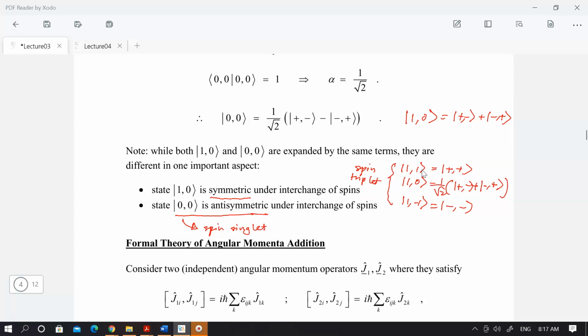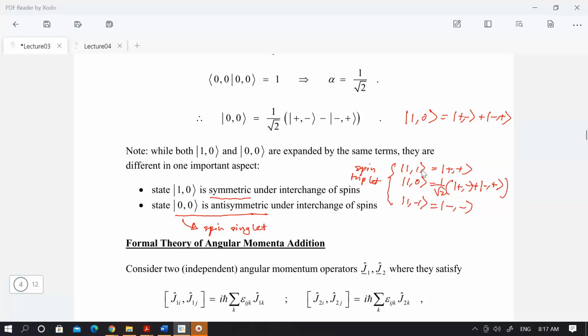Okay, and it's nice to see some application of this. In fact, the spin singlet, and also the 1 0 state, is sometimes called the maximal Bell state. Essentially that's the correlation between the spin up and spin down for those states.